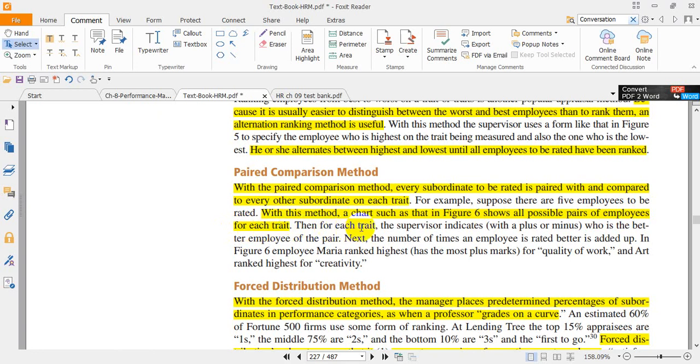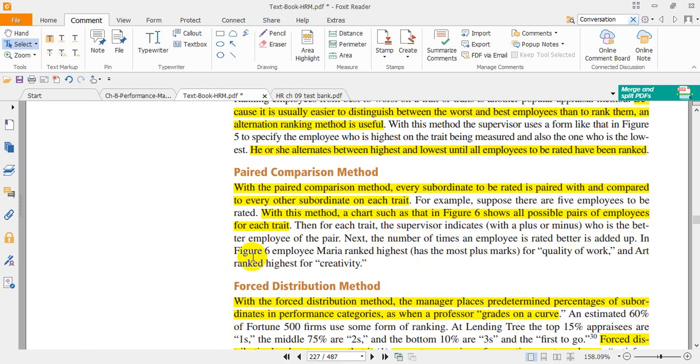Then for each trait, the supervisor indicates with a plus or minus who is the better employee of the pair. Next, the number of times an employee is rated better is added up.